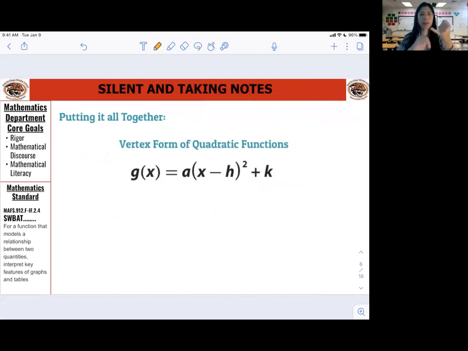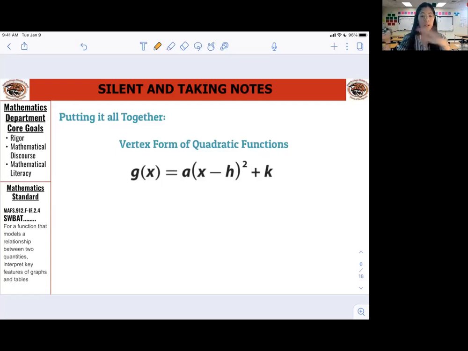Think about how with linear functions we had slope-intercept form, we had standard form, we had point-slope form. With exponential functions, we had standard form, we had exponential growth form, we had exponential decay form. Quadratic functions, this is just one way, and we're going to learn a few other ways, but this is just one way to write a quadratic function.